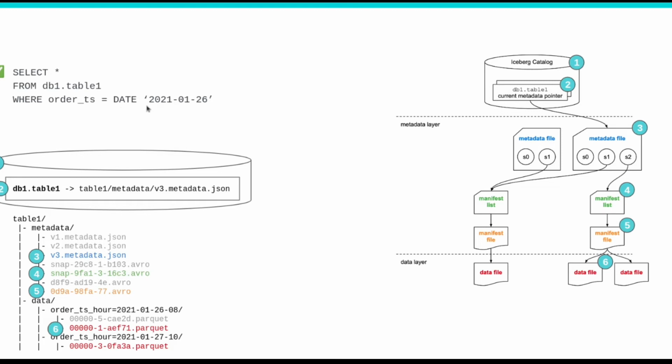But because we have this date query, and it's on order TS, even though we're not specifying an hour, even though we partitioned it by hour, it knows that it's partitioned by this field. So Iceberg is going to use this information to narrow down. I don't actually need to query the stuff in this partition, because this partition covers the 27th, and you're asking me for the 26th, so we don't need that one.